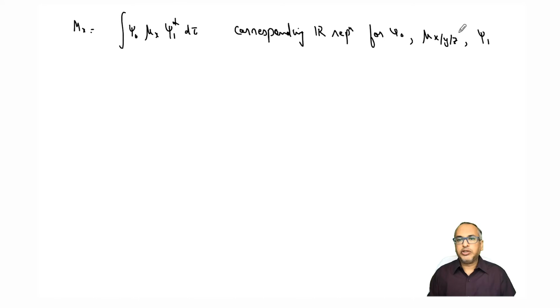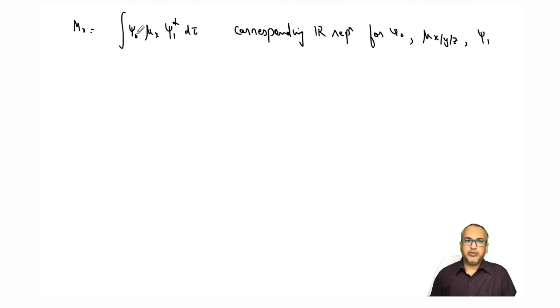All three we must know, and only then will we be able to find the corresponding IR representations and the direct product of all three. And if that direct product contains the totally symmetric representation, the integral will be non-zero. Remember that, right?